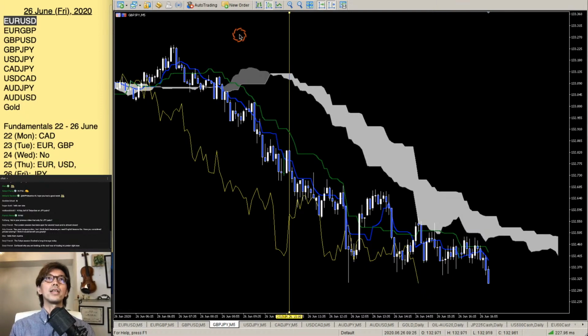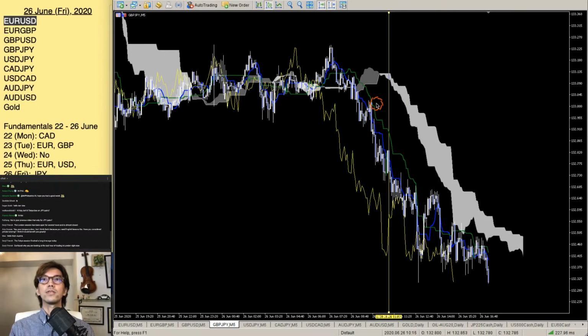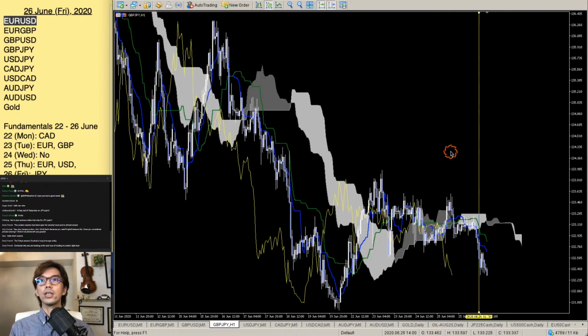So here is the GBP/JPY cross, and in between these yellow vertical lines in 1 hour, hold on, that will be from here to here.